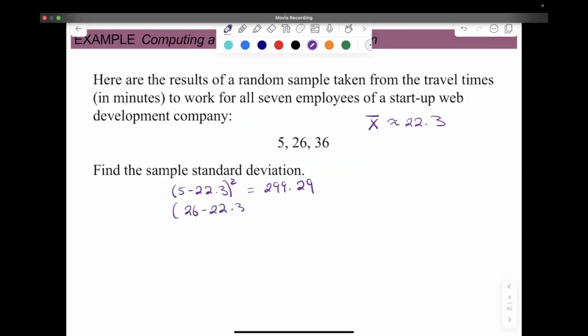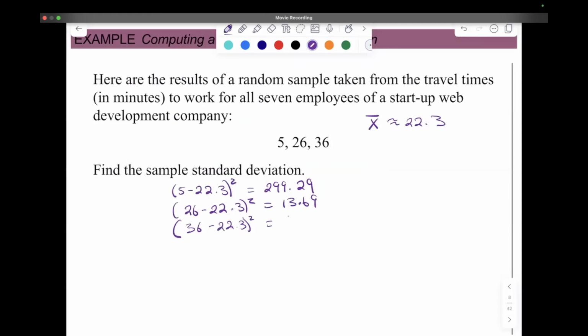I don't know where my brain is today. 3.7. Got to square that. 13.69. And 36 minus 22.3, and square that. 187.69. Okay, so that's a really ugly 9. I'm going to fix that.